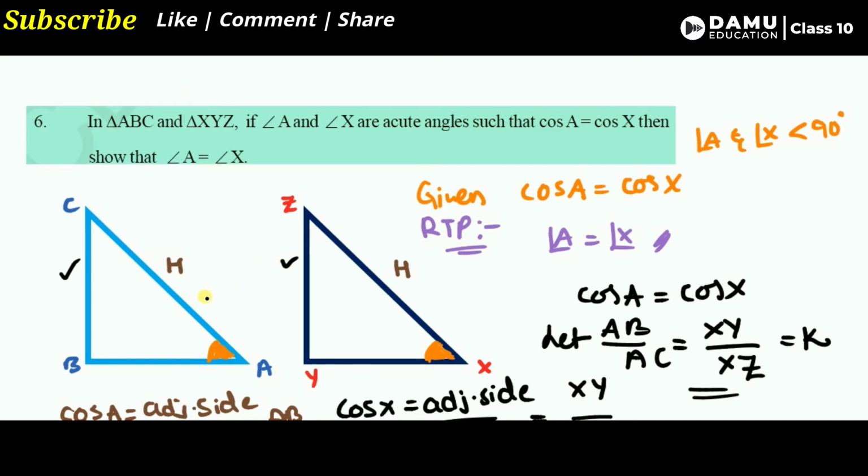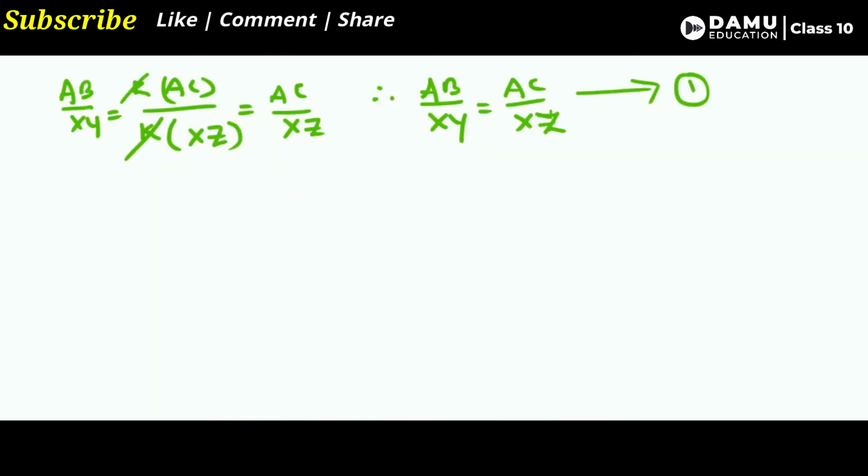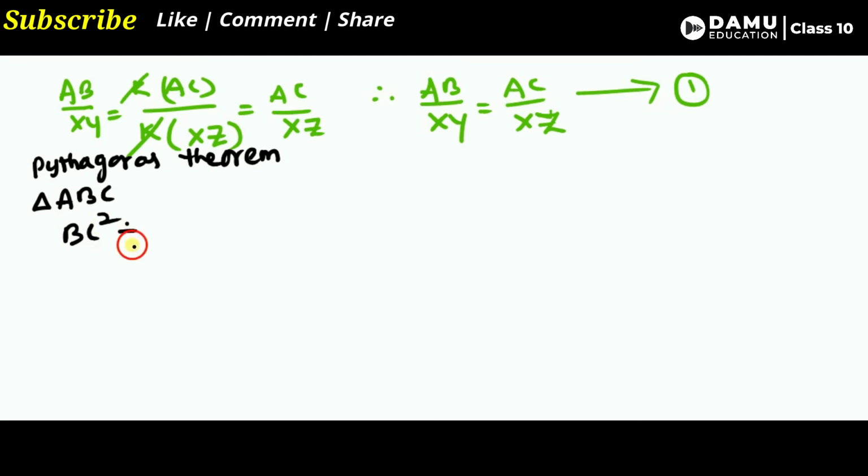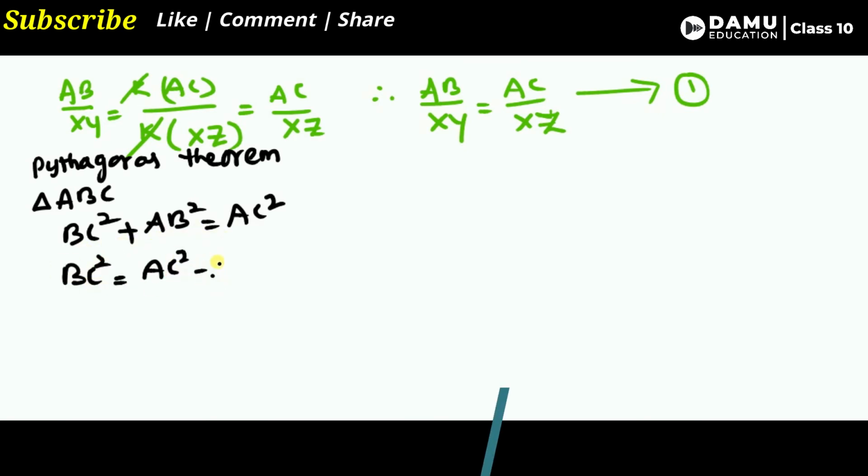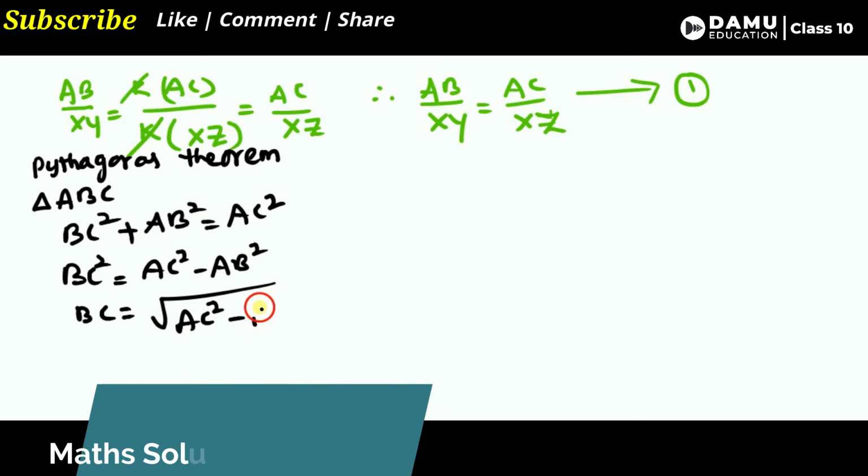For this, from the Pythagoras theorem in triangle ABC, BC square plus AB square is equal to AC square, where the hypotenuse square is the sum of the squares of the other sides. So BC square is equal to AC square minus AB square. Then BC is equal to the square root of AC square minus AB square.